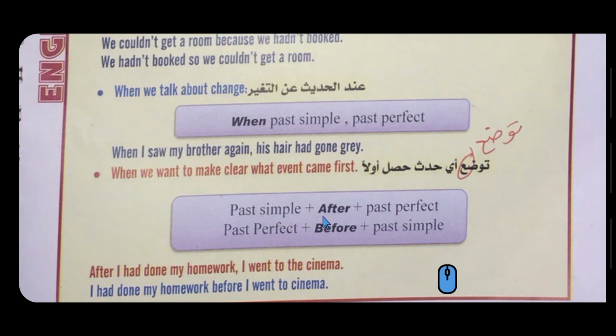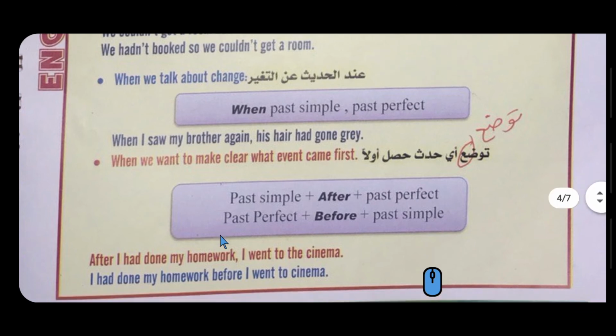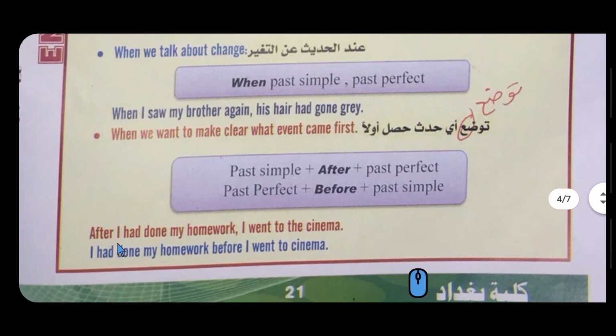After the conjunction after we put past perfect tense. بعد أداة ال after دائما نضع الماضي التام. After before we always put what? Past simple. والجملة الثانية بالتأكيد ستكون مغايرة.